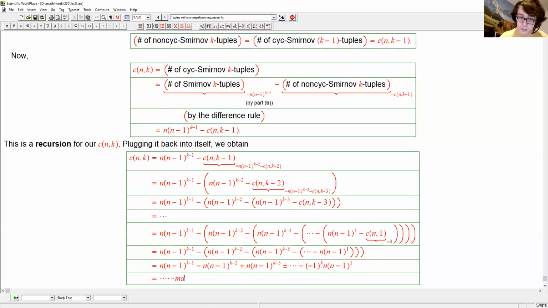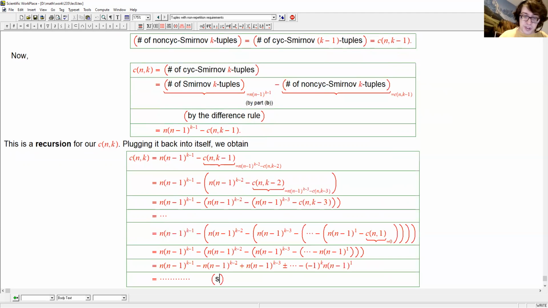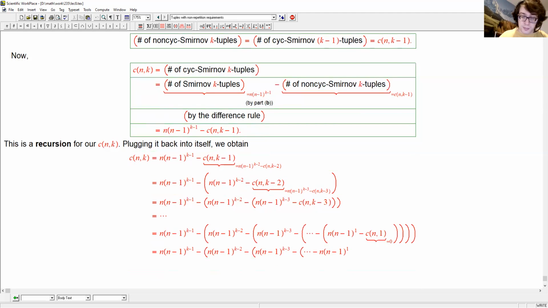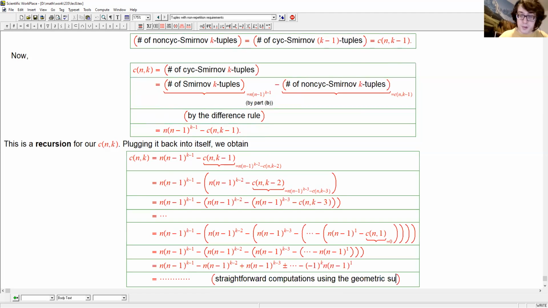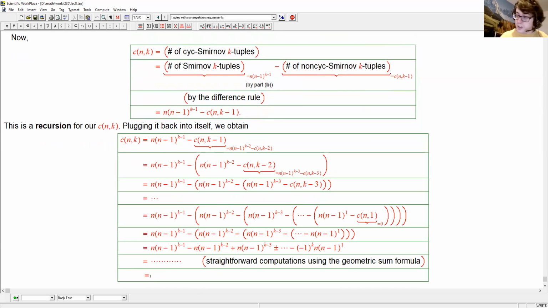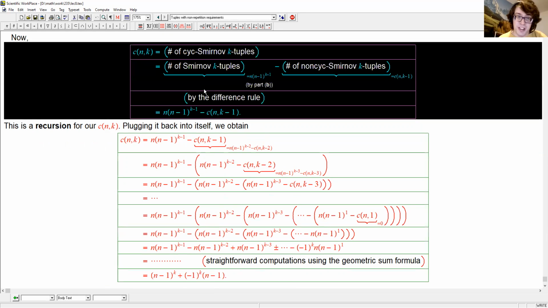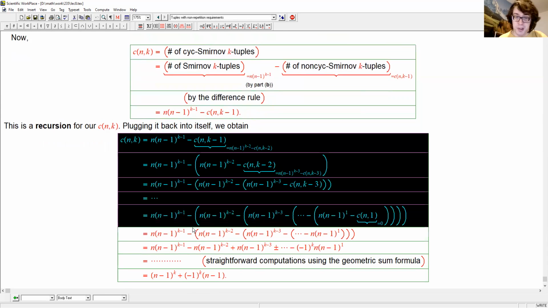And straightforward computations using the geometric sum formula finally let you find this. And if you don't want to write up these ugly computations, you can cheat. You can just claim this formula and prove it by induction using the recursion. This is often easier than actually finding it.